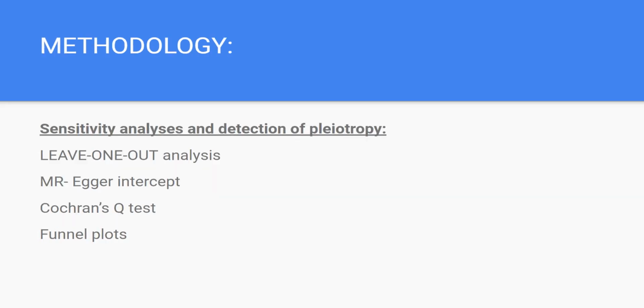We have more analyses called sensitivity analysis and detection of pleiotropy: the leave-one-out analysis, MR-Egger intercept, Cochran's Q test, and funnel plots. These tests were used to detect and confirm the sensitivity analysis and pleiotropy.